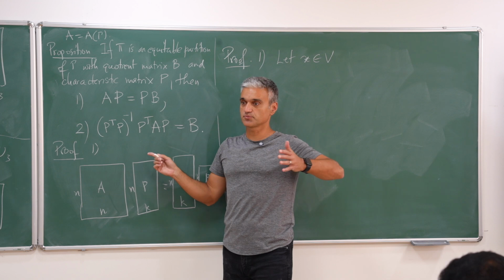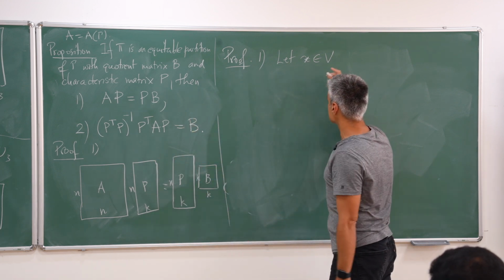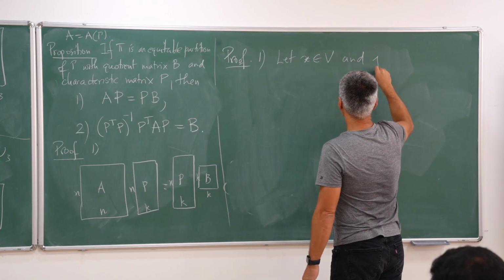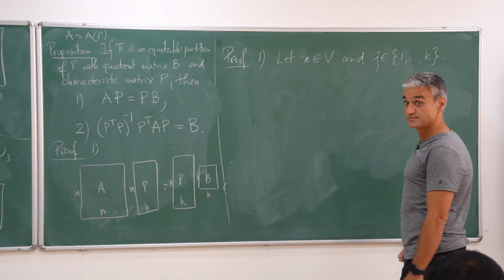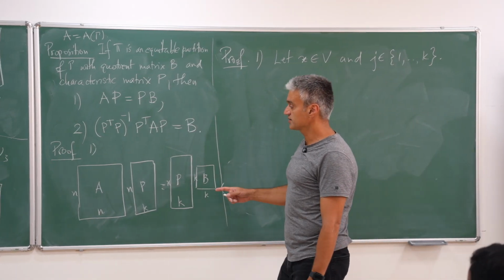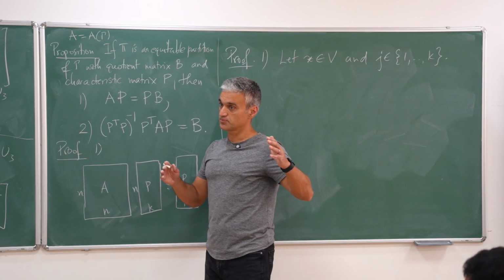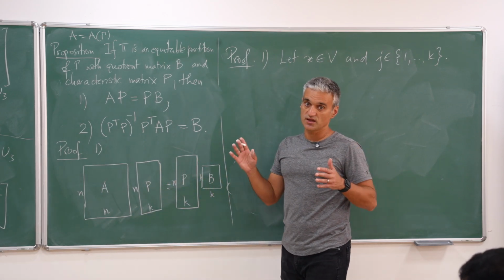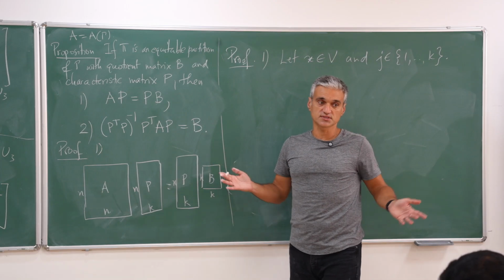One of those parts in the partition. So they're V1, V2, Vk, so I'll pick one of them. So let X in V and j in 1 to k. Okay, so now we're going to calculate the entry in this matrix A times P in the position Xj, and then we'll calculate this one in here at Xj, and we'll see if they're the same. If they're the same, we're done.